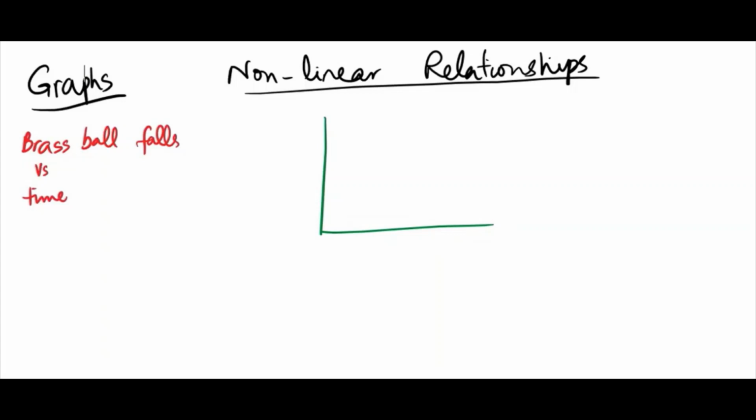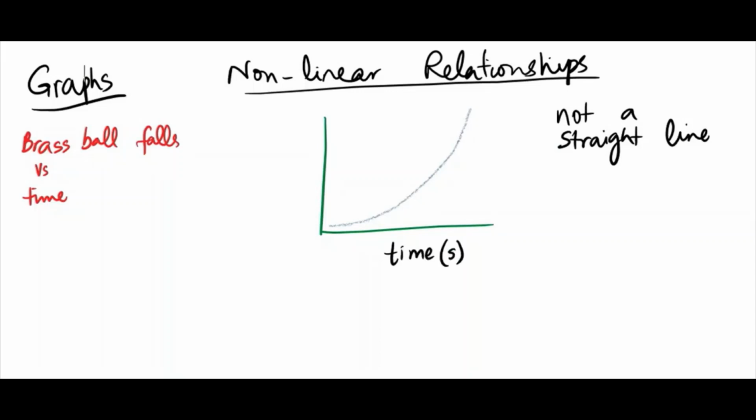So when we plot this graph, the curve that we get, so that's a non-linear relationship. So we have plotted the time in seconds versus the distance the brass ball has traveled, measured in meters.